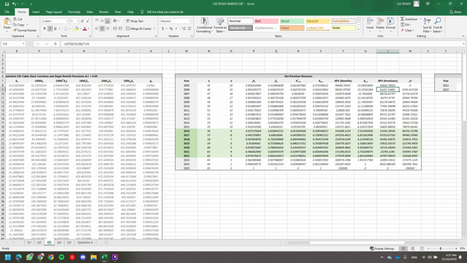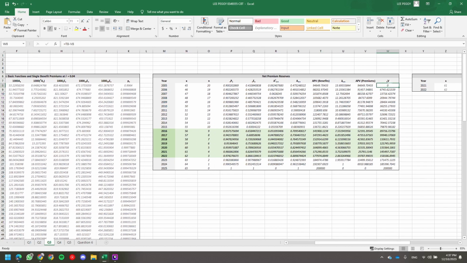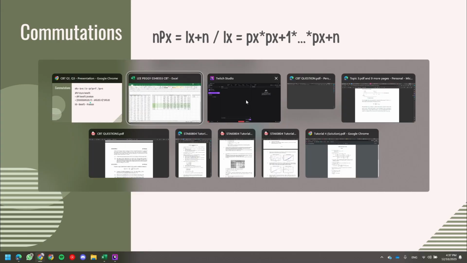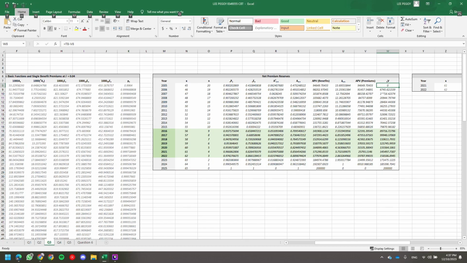We drag it all the way down and get all the values. Finally, we calculate the reserve, where the formula is the APV of benefits minus the APV of premiums, so we just use the Excel function to subtract the APV of premiums from the APV of benefits.